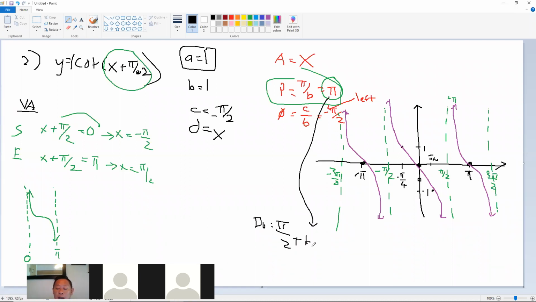So the domain is all real numbers, x cannot be this. A lot of students, when you do your homework or your test, will be asked for the domain. This pi over 2 comes from this vertical asymptote, and the k pi came from your period here. So this is how you figure out your domain in this case.